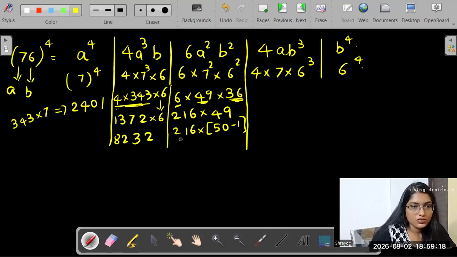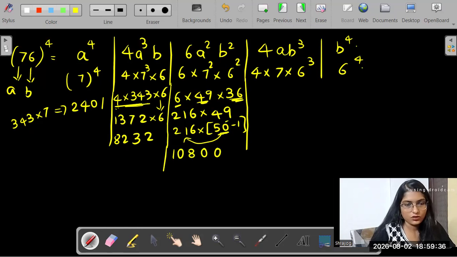After doing this, do the bracket multiplication technique. First, multiply this 216 by the first term in the bracket. What is the first term in the bracket? It's 50. So 216 multiplied by 50 is how much? 10800. Now, after the first term, what is the sign? There is a minus sign. So I'll put a minus sign here. Now, what is the next term in the bracket? 1.